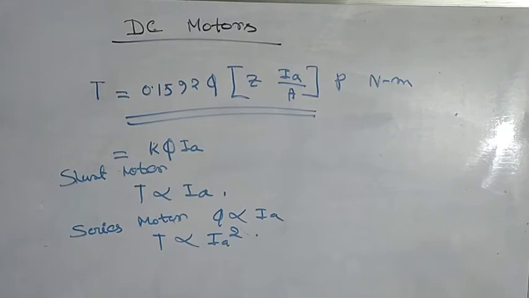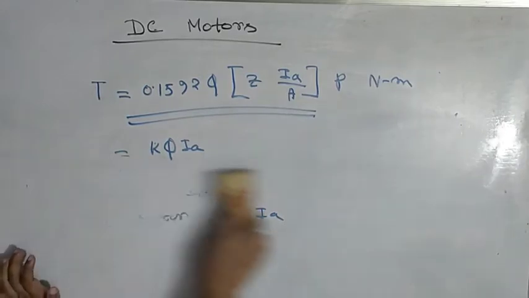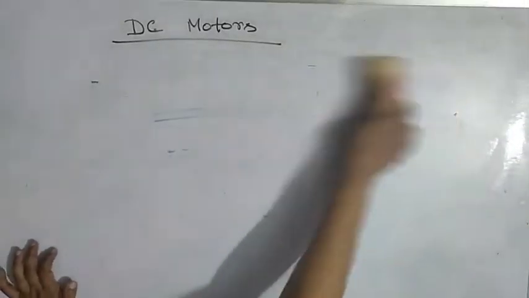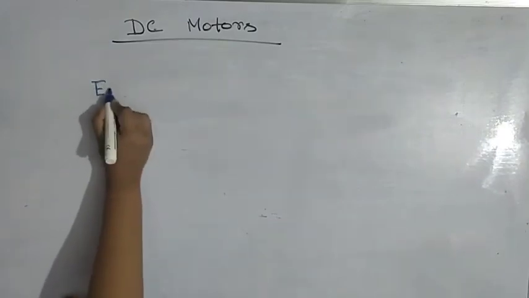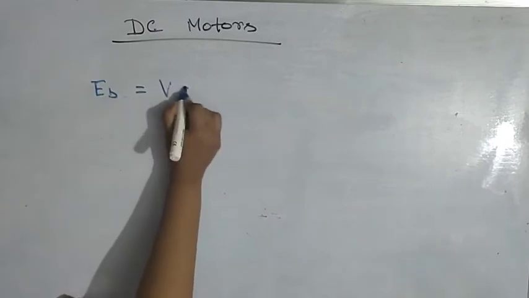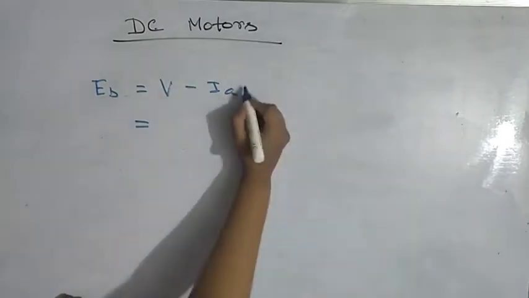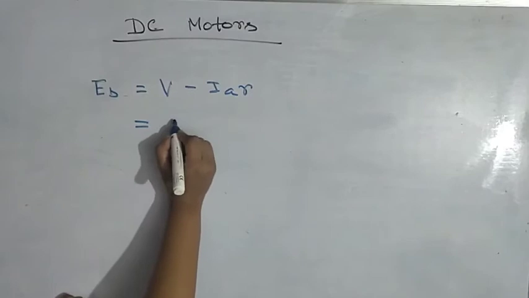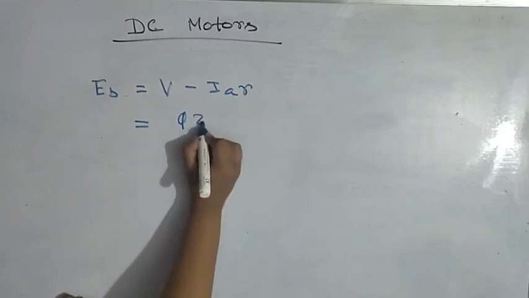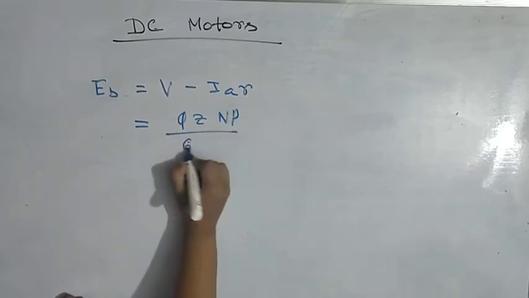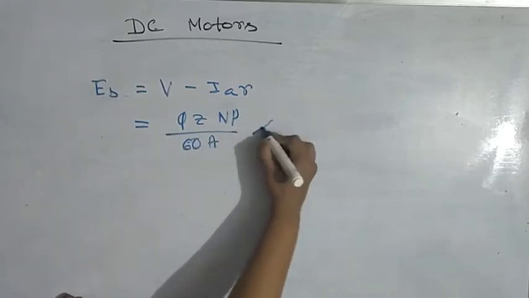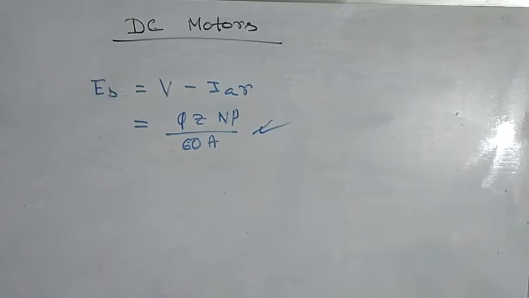Again, for a DC motor, the back EMF is given by Eb equals V minus Ia R, which is equal to Φ Z N P by 60A. You all know this equation also. Okay, this is the equation of back EMF.